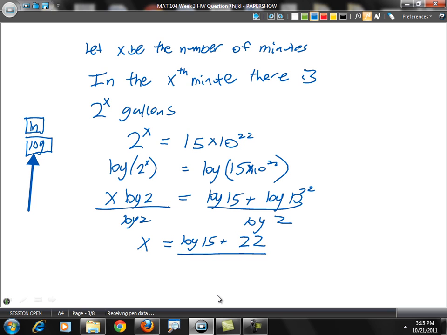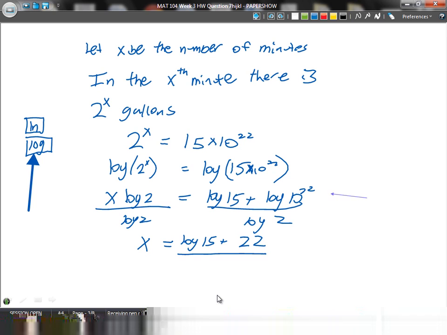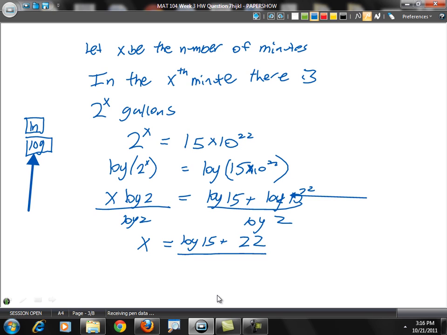It says log right here, so it's base 10. Then we want to know the exponent that we raise 10 to get 10 to the 22nd. And it's obviously 22. That's another one of those properties. Okay, and then in the denominator we just get log 2. And that's just simpler to say, 22 instead of log 10 of 22.